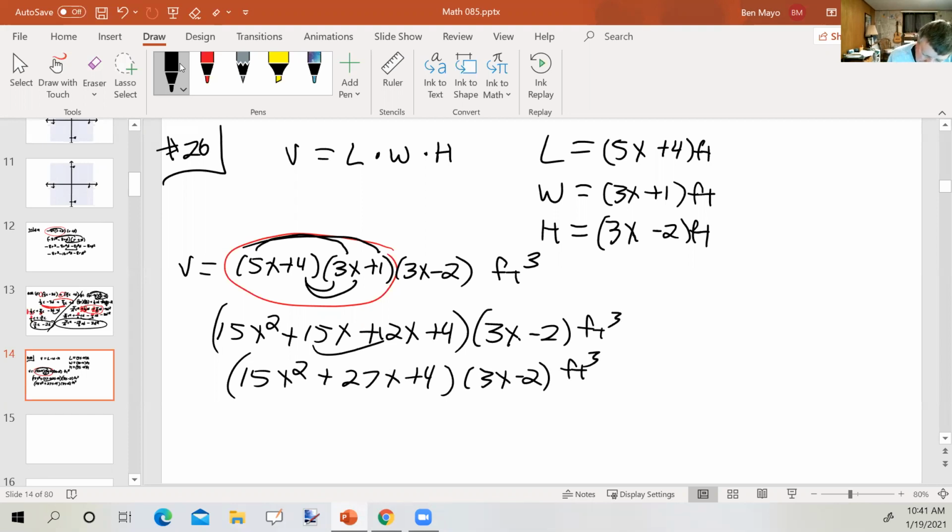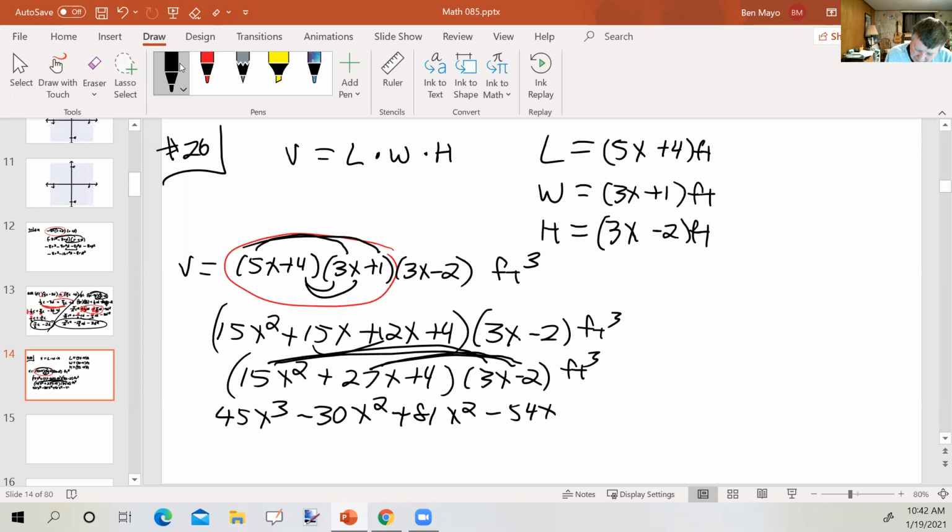So now I'm going to take 15x squared times 3x, which is 45x cubed. 15x squared times minus 2, which is minus 30x squared. 27x times 3, which is 81x squared. 27x times minus 2 would be minus 54x.